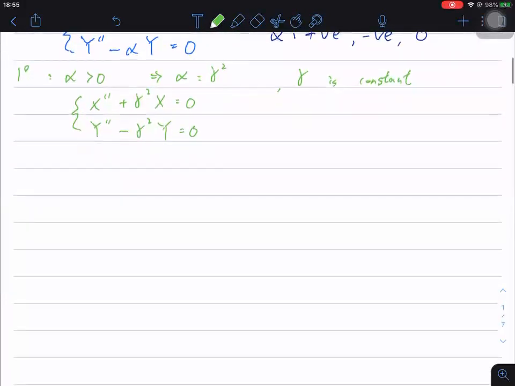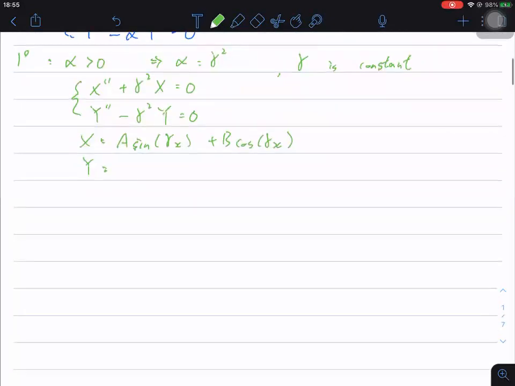Okay, and these two ODEs are very easy to solve, and I can just write down the form here. For the first equation, the solutions are simply sine and cosine functions. And for the second equation, the solution is simply exponential function, exponential of gamma y and minus gamma y.